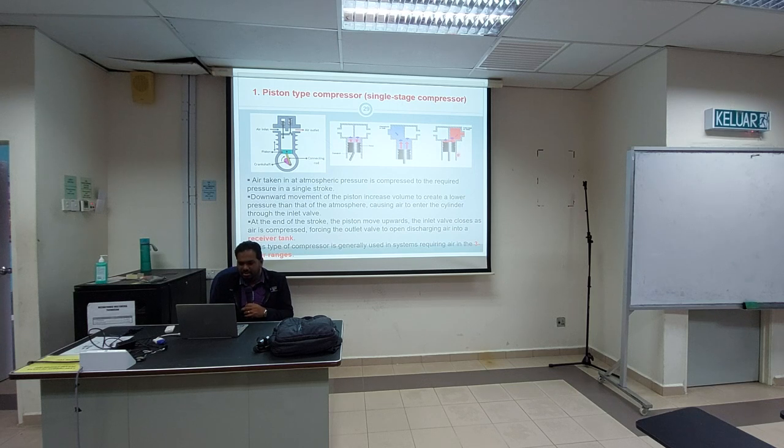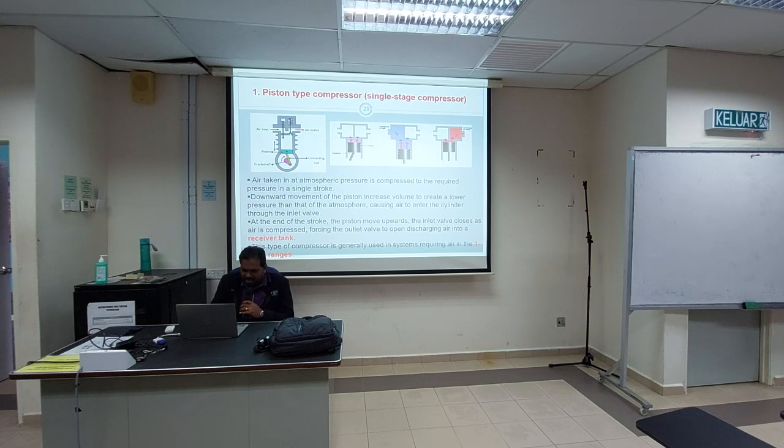So selalunya compressor ni dia ada air pressure 3 to 7 bar. So pneumatic perlukan berapa bar? Berapa? I think I gave last week I ada bagi one number. Selalunya berapa bar? Less than 10. Betul. So kurang dari 10.